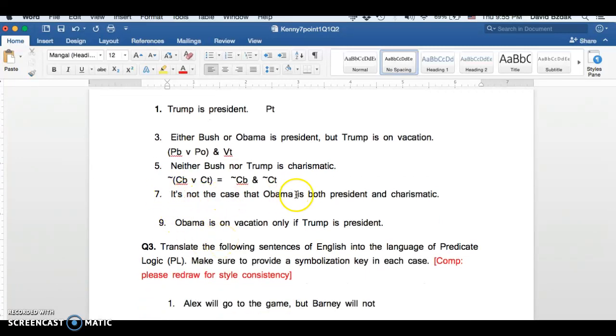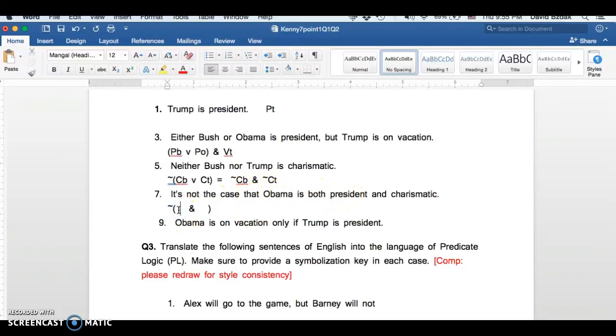Okay, 7. It's not the case Obama is president and charismatic, right? So it's not the case that both are true. So not both is the negation of a conjunction. And our conjuncts here, Obama is president.